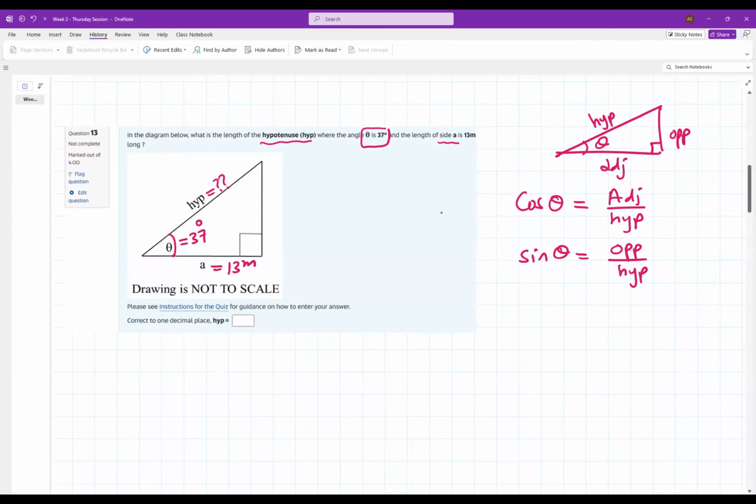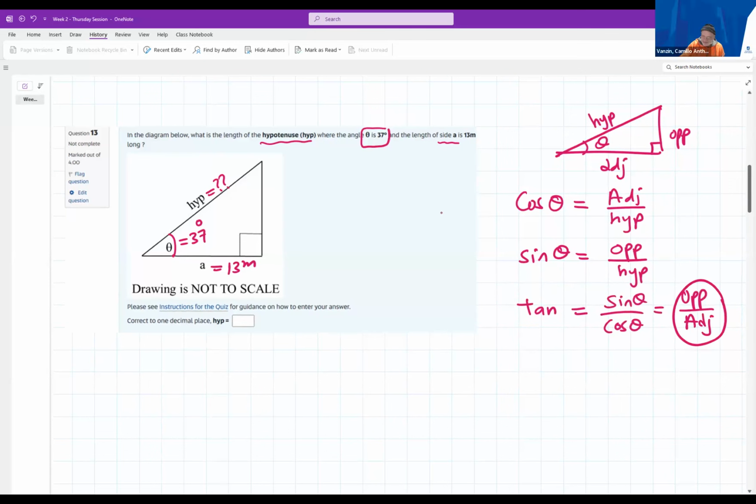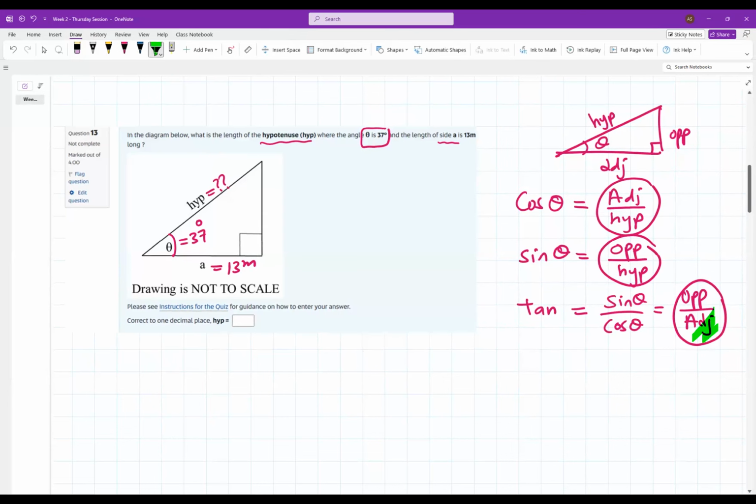What is tan? Is it opposite over adjacent? Yes. It is sine over cosine, or opposite over adjacent, right? So these are our three main trigonometric functions. If you need to use them, highlight them.